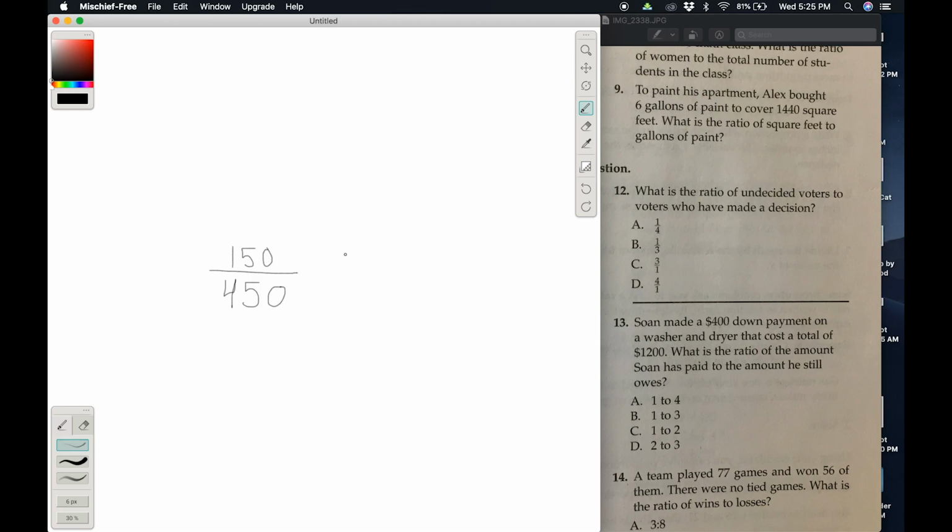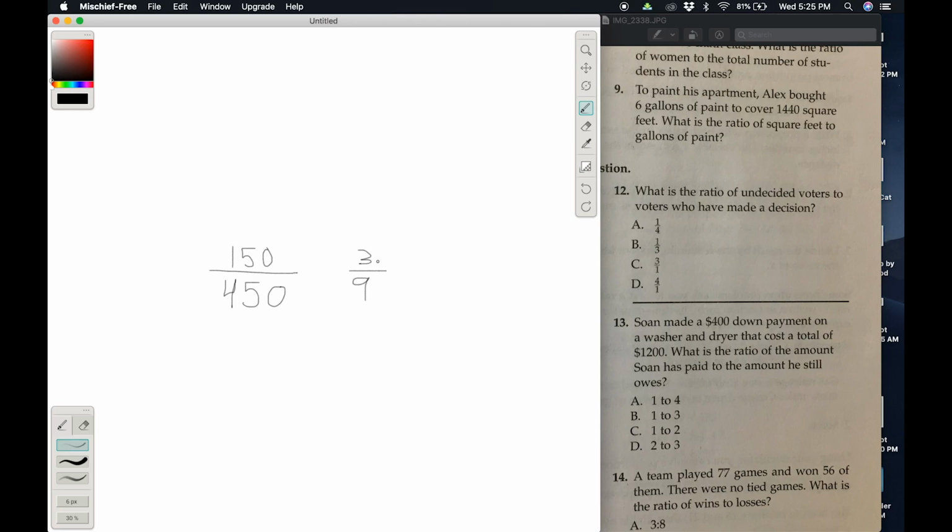So 50 is a pretty large number we can use to reduce these. So 50 goes into 150 three times, and into 450 there are 9, I believe. Yeah, 9 50s. So 3 over 9.